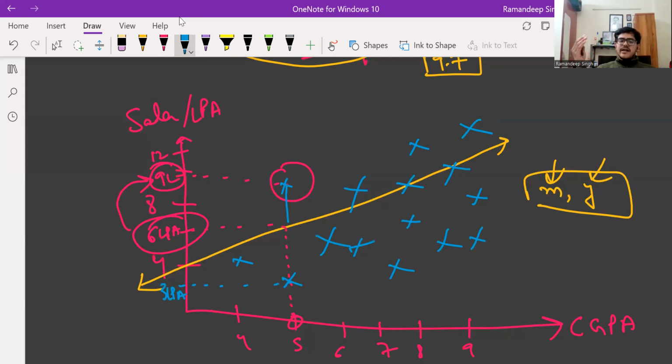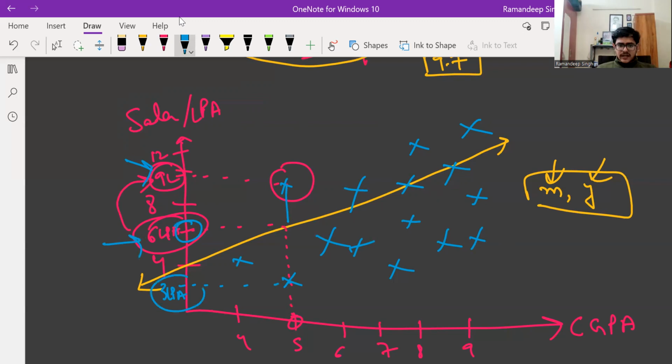What I mean by representing the data best is that it minimizes these errors, where the error is defined as how much I am deviating from reality. So this student has got a package of 9 LPA, but my model is telling he should get 6 LPA.